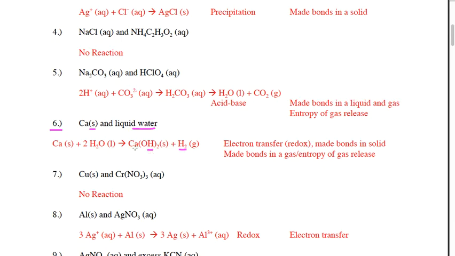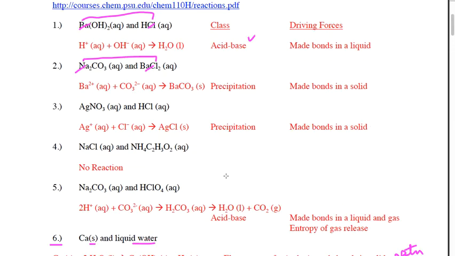However, this is a special one because nearly all hydroxides of metal ions are soluble with the exception of the +1 ions and barium, but this guy is insoluble, so I can write this as both a precipitation and a redox reaction. This is also a precipitation.